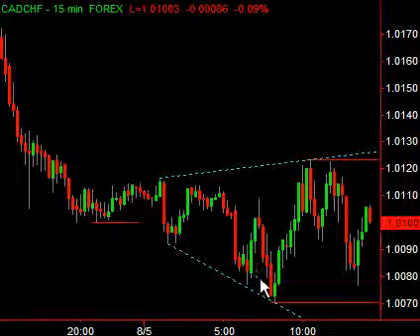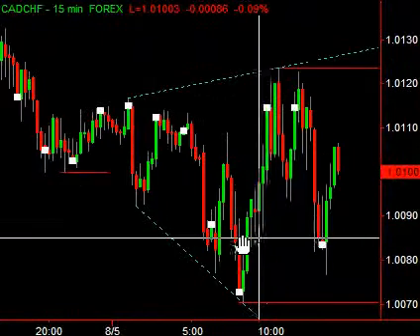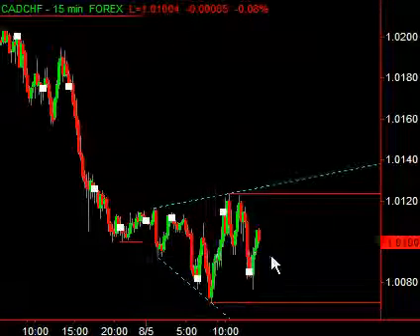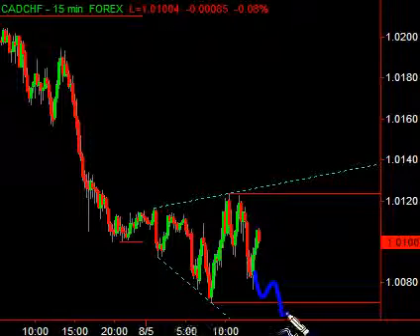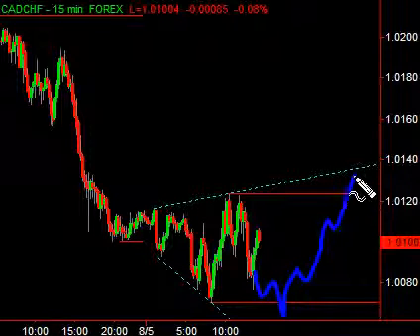Now what ultimately is going to happen is, if price continues to make lower highs, lower lows, we could see price continue to expand, and then price could start making higher highs, higher lows. So for example, let me just scroll back on the chart. If price starts making lower highs, lower lows, as it is, makes a new low for the day, then price might start making higher highs, higher lows.